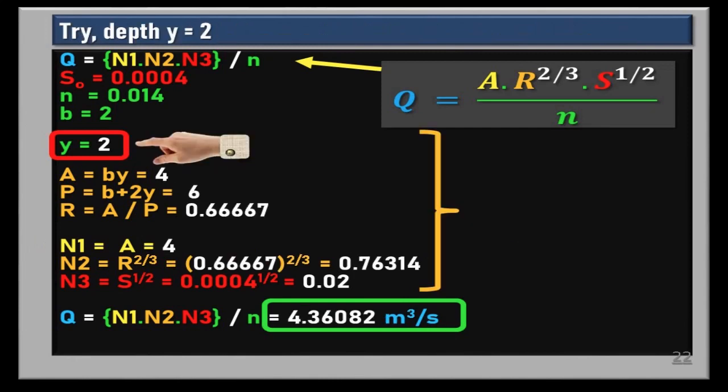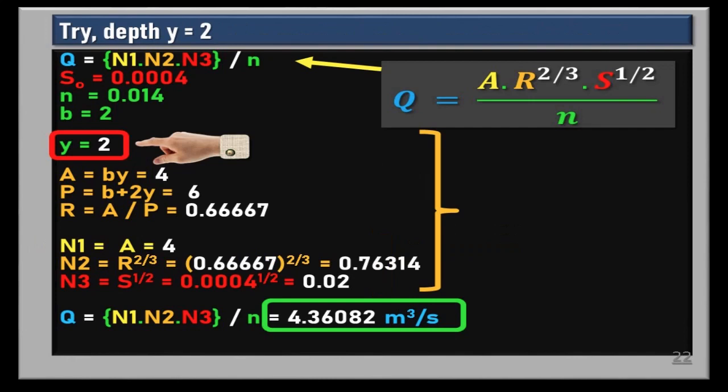Now, try the depth y is equal to 2. The area A, after calculation, A is 4. The wetted perimeter P, after calculation, P is 6. The hydraulic radius R, after calculation, R is 0.66667.